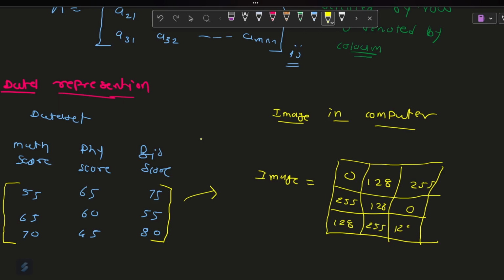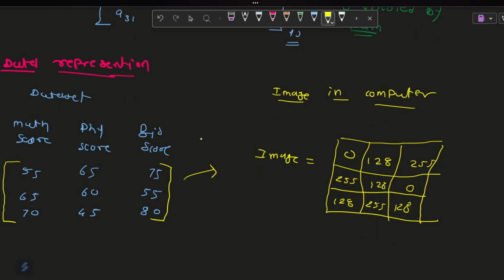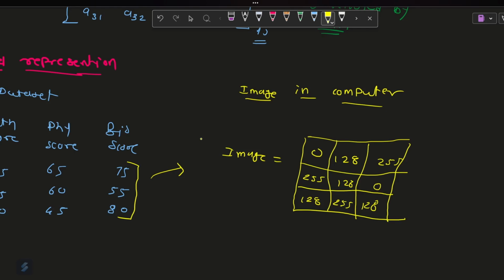When you learn about pixels, this is how the colors look. That's image processing. You will understand later what these numbers are.